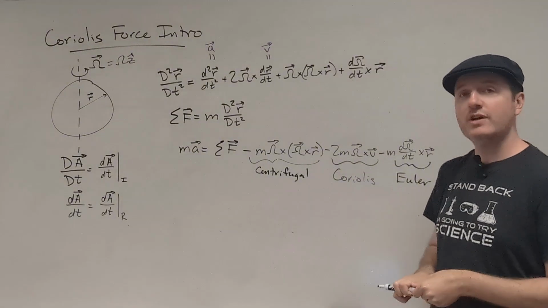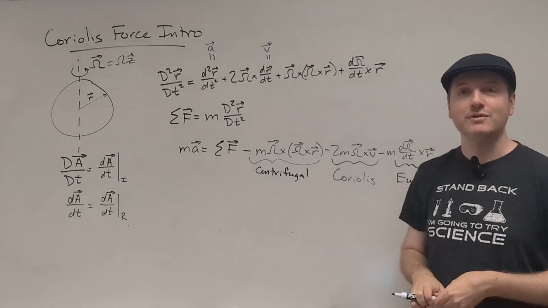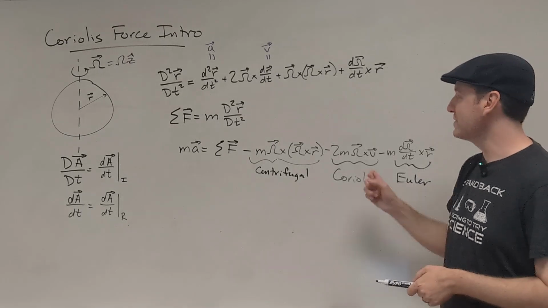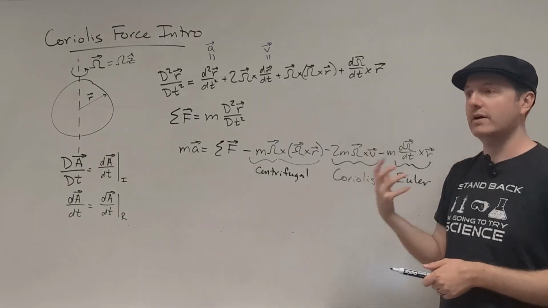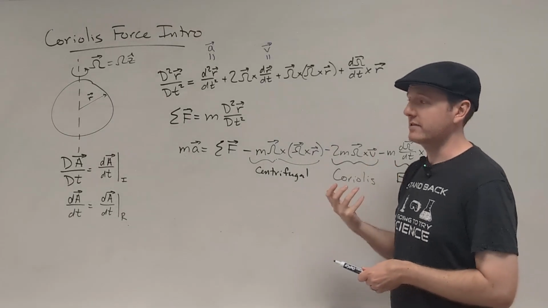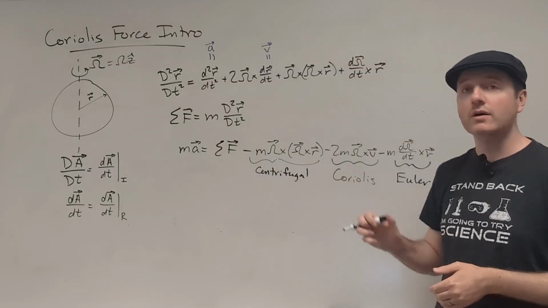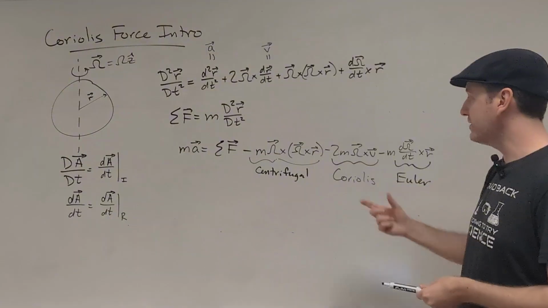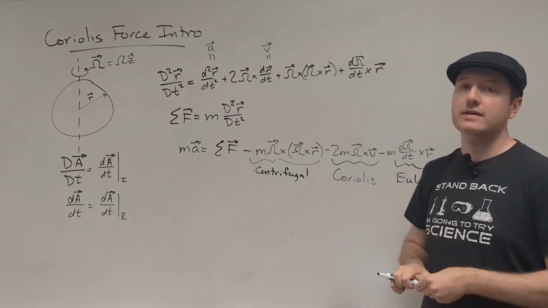And we'll analyze projectile motion for objects that are fired on a rotating Earth, which they all are. And we'll see especially that if you're firing at high velocity, this Coriolis force can actually have quite a big impact. And in fact, there have been cases even in World War I, for example, where long-range howitzer shots had to account for the Coriolis force in the deflection of the shells. So that is coming soon.